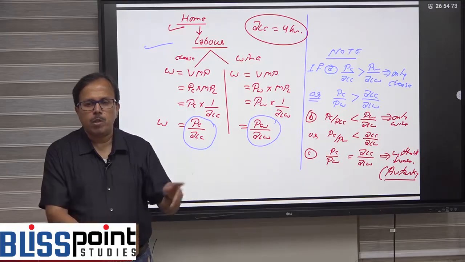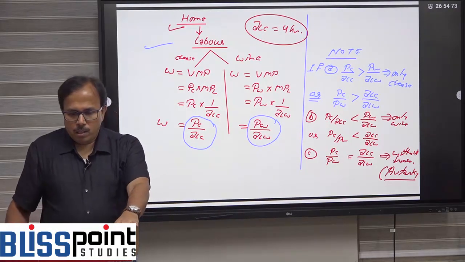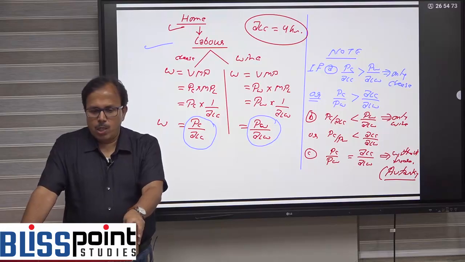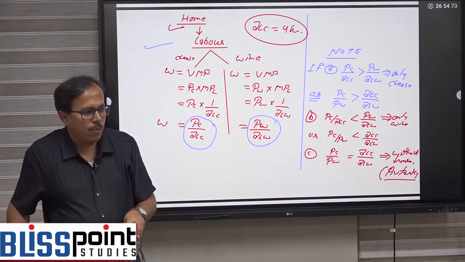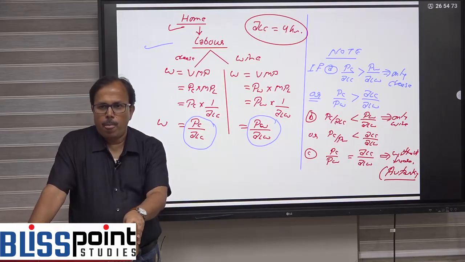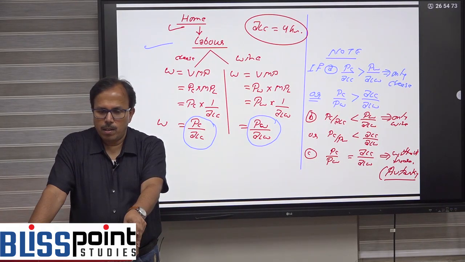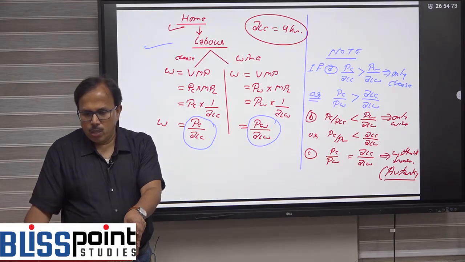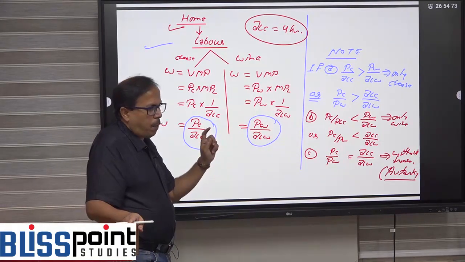So that 1 by 4 means 1 by ALC. Similarly, the wage in the wine sector will be PW by ALW.